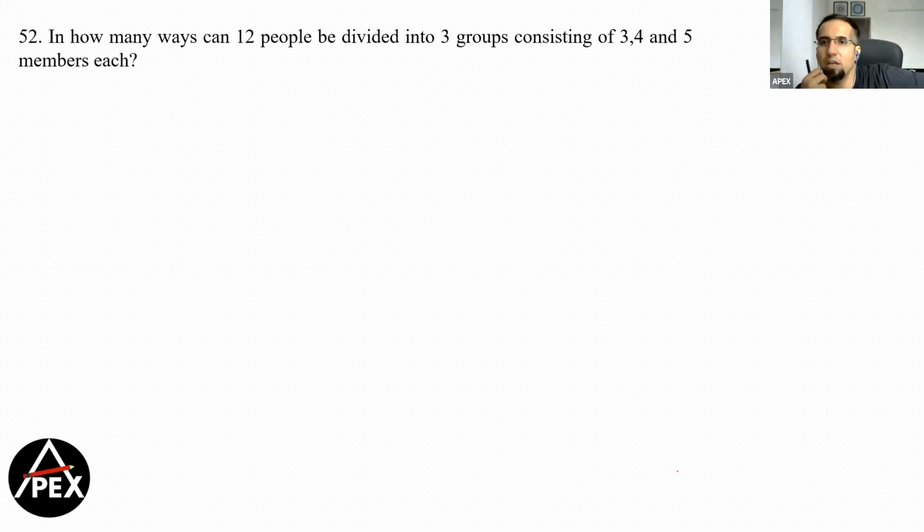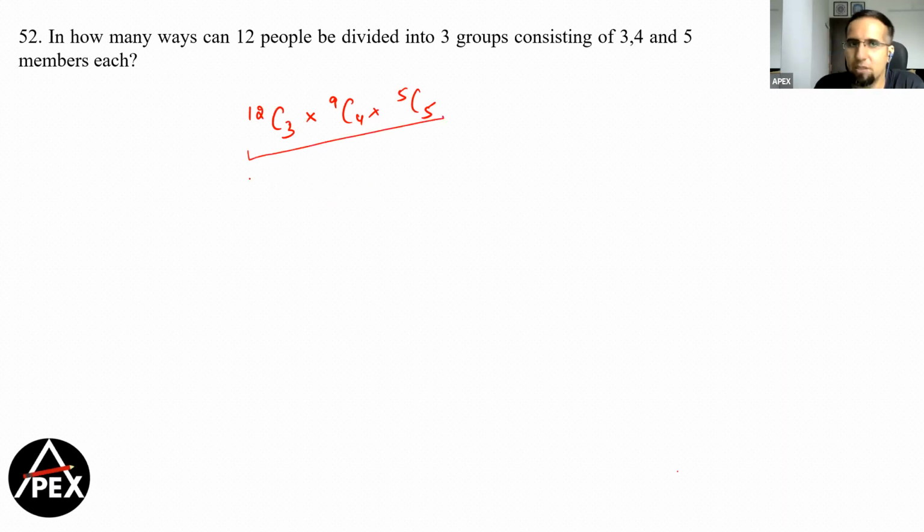The question is saying at least one book. Yep. So now grouping has two ways of doing it here. So this is going to be 12C3 into, I'm left with 9C4 into 5C5. Clear?